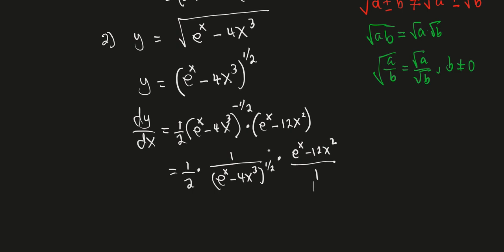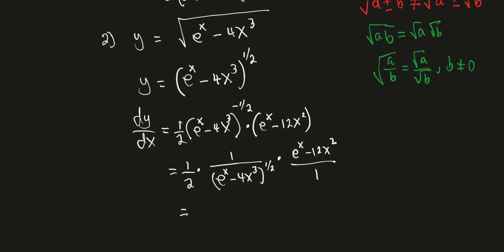Again, when you put things either over 1 or under 1, then you get to see what the numerators really are. What am I actually multiplying? Well, in the numerator, it's 1 times the quantity e to the x minus 12x squared. In the denominator, it's 2 times this quantity times 1.